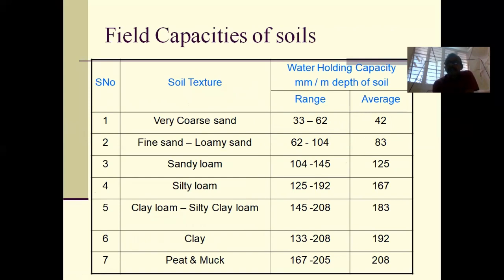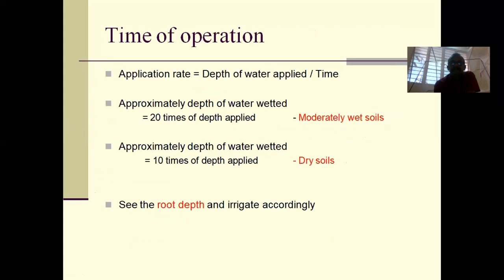So one should decide on what is the depth of root zone, and accordingly to wet that depth of root zone, one has to decide on how much depth of water should be applied, and in that way water should be applied. So application rate can be found out using this simple formula.